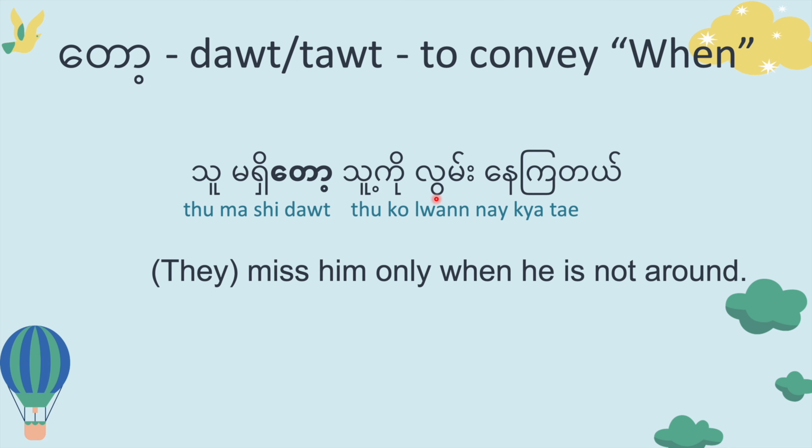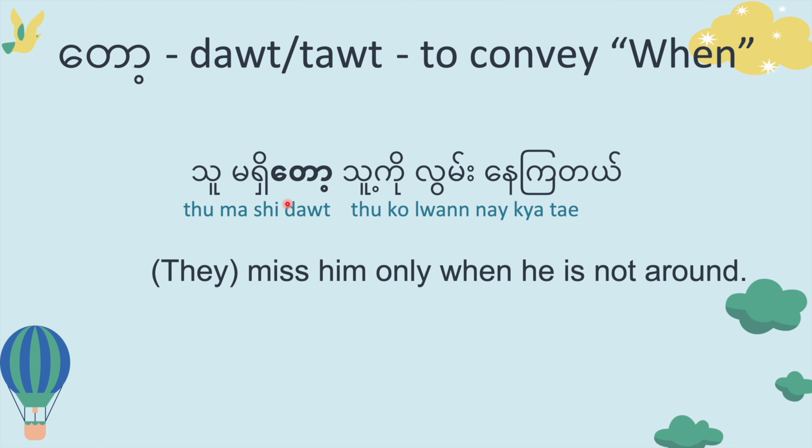So they are missing them. The people who miss them is plural, so that's why there is ကြ. နေ means continuous action, so they are missing them when he is not around.